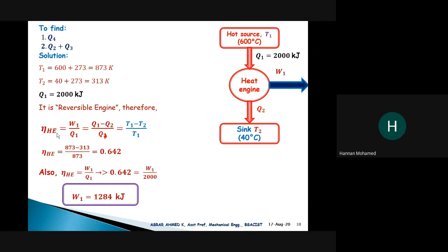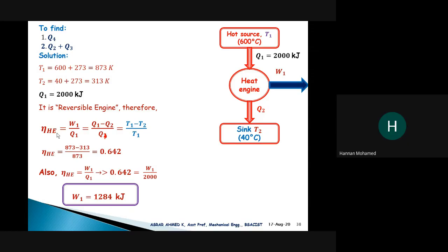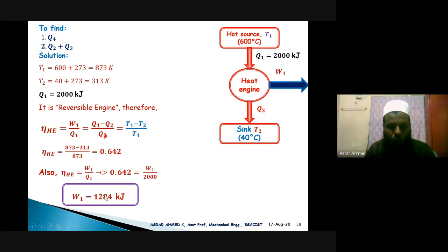In the slide, Q4? Q4 does not come in this slide. Q4 is nowhere in this slide. In this slide we are trying to find W1, sir. No, W1 we have found out. That is not the answer.